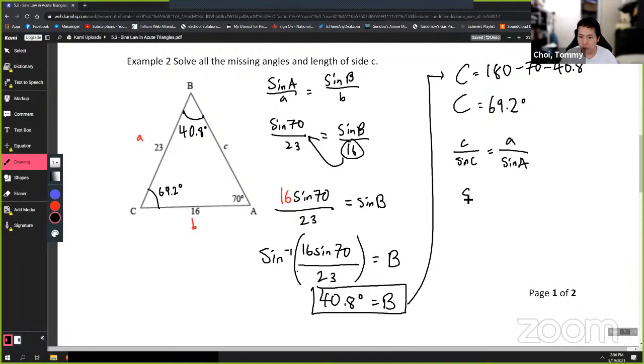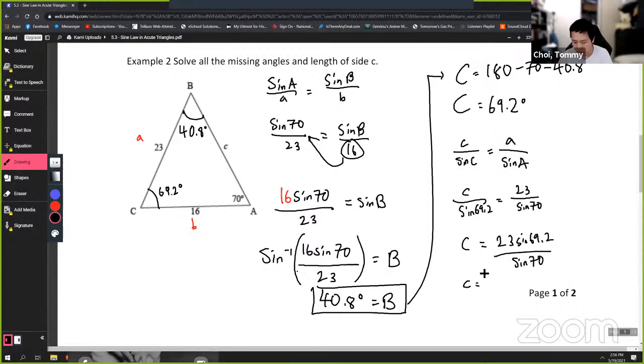So when we plug in our known values here, we get C over sine 69.2 is equal to A, which is 23 over sine 70. Rearranging that, we get C is equal to 23 sine 69.2, all divided by sine 70.